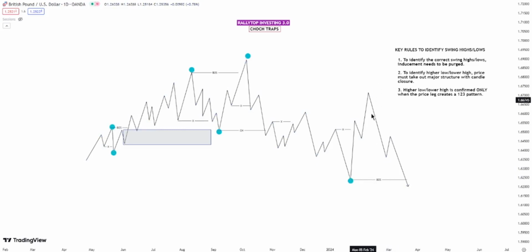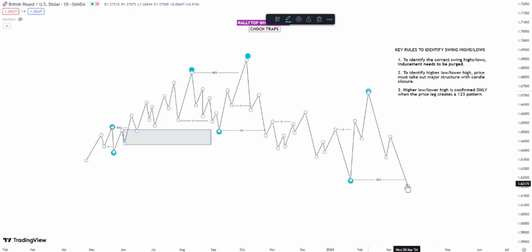And as you can see, this is 1, 2, 3. Can you see that? So rules number 2 and 3 are properly fulfilled here. So we can now mark here as our major lower high. Simple. Do you understand?